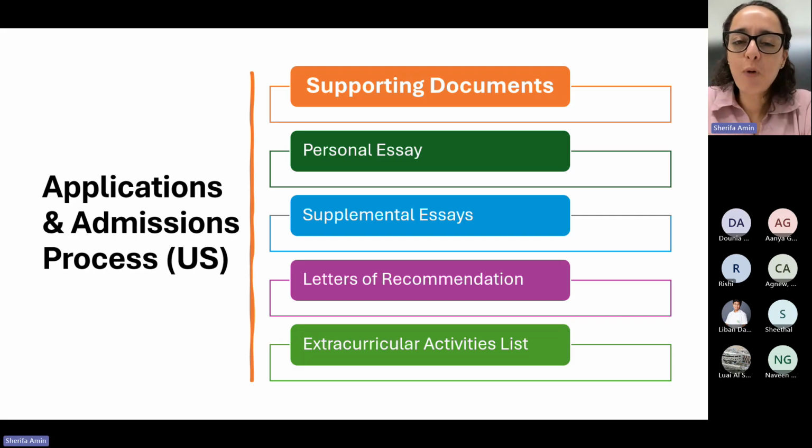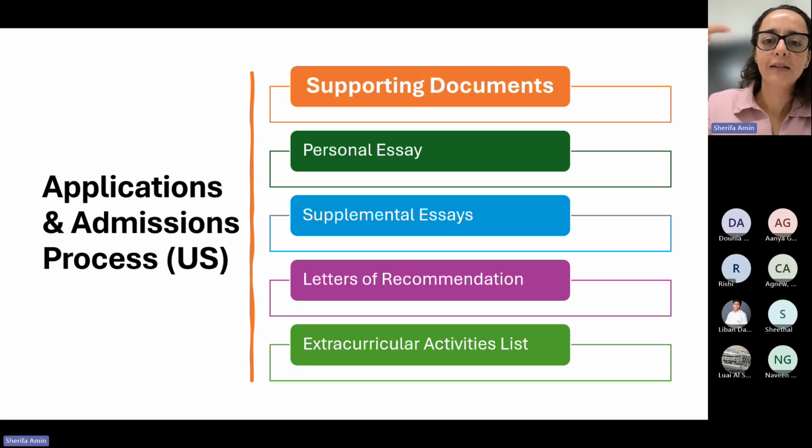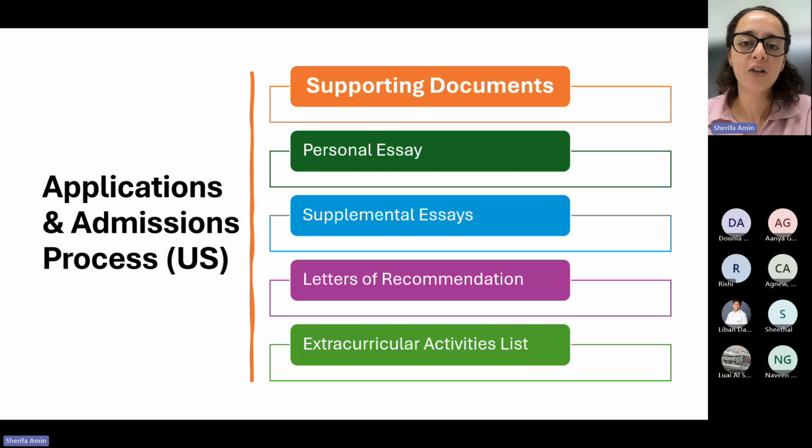But in both cases, sometimes universities will accept a letter from the school saying that this student has been studying for 12 years in English and we are an English speaking school, therefore they do have the minimum English proficiency for them to study in English.